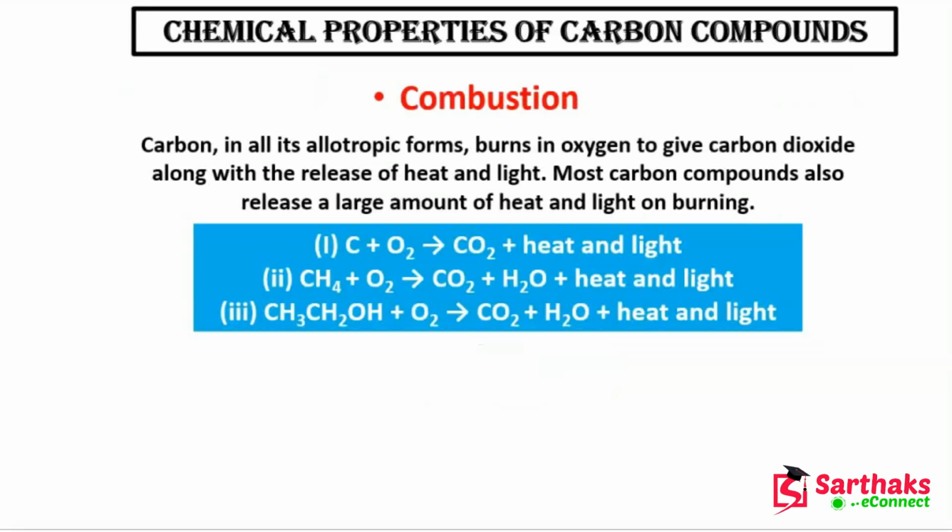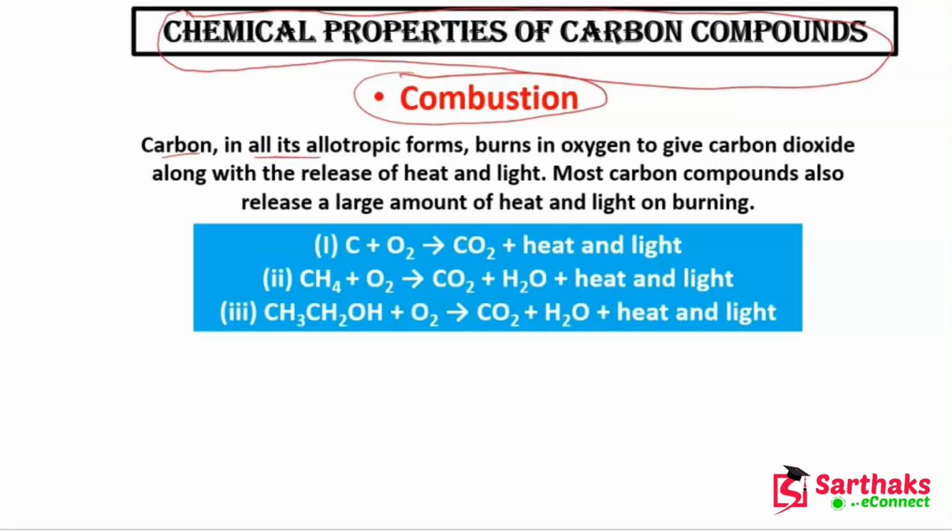Okay students, so here we will be talking about the chemical properties of carbon compounds. Carbon compounds show combustion. Carbon in all its allotropic forms burns in oxygen to give carbon dioxide along with the release of heat and light.